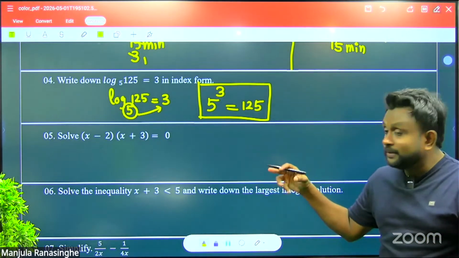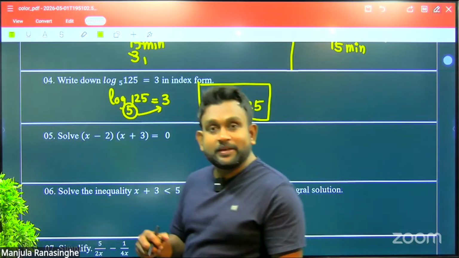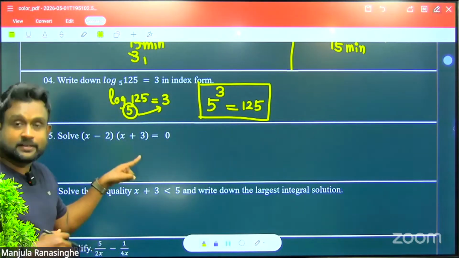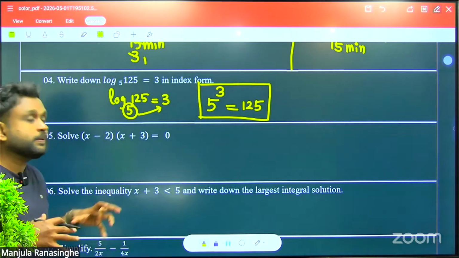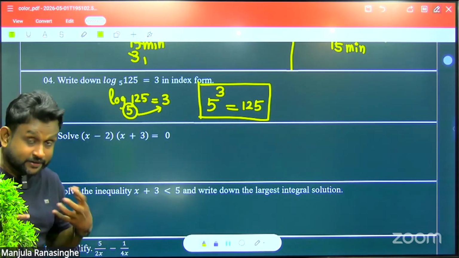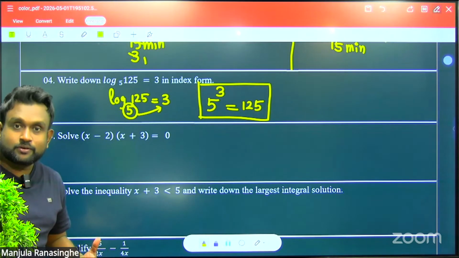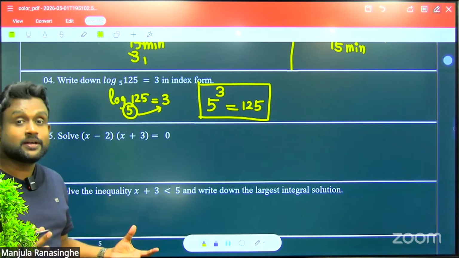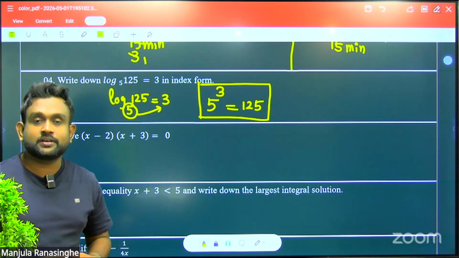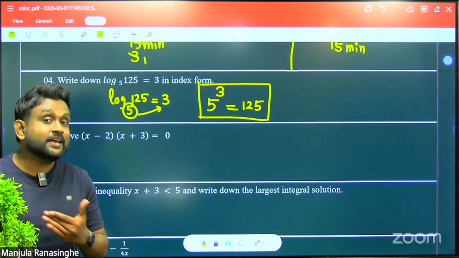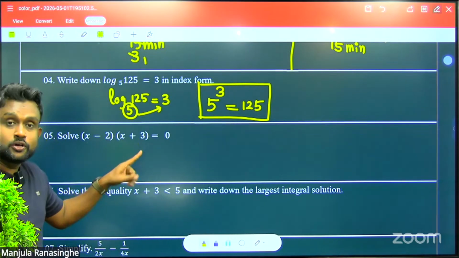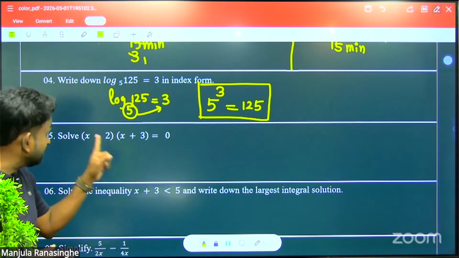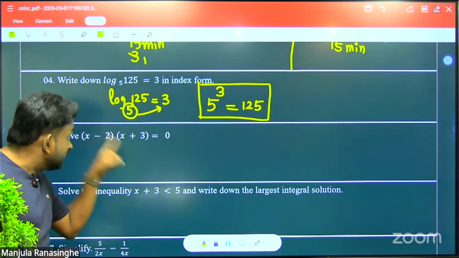Here in O-level maths they have real roots, that means they can be factorized. When the first paper quadratic appears, it is a factorizable quadratic equation given. In the second paper, non-factorizable quadratics appear. But here it is factorized. Whenever you see a quadratic already factorized, it is already factorized.